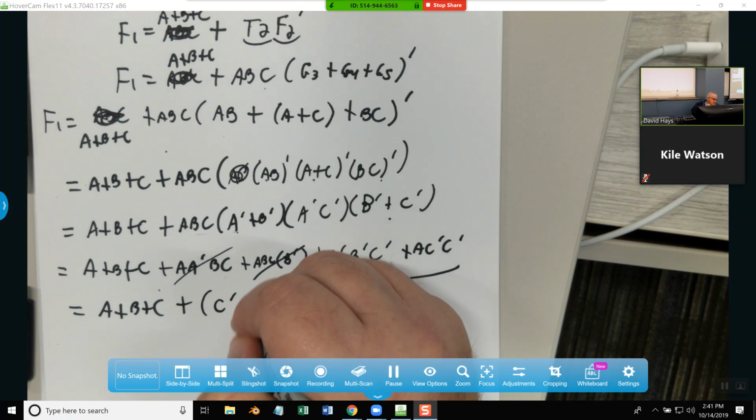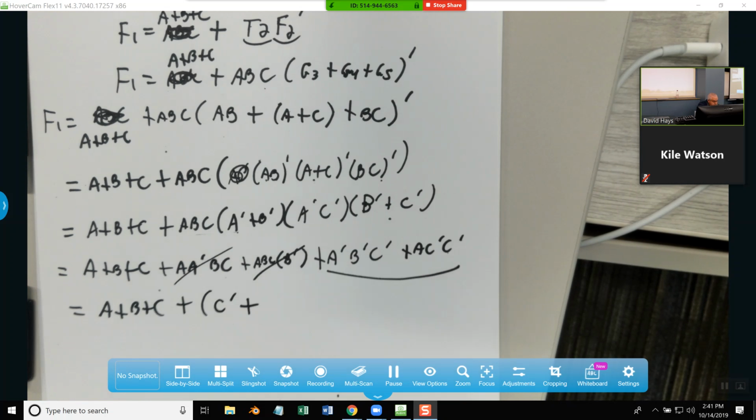A prime A, B prime, C prime. So give me 0. We left the C prime here. The answer should be A or B or C. So this is what it should be equal to.